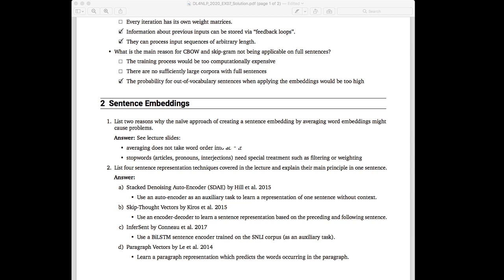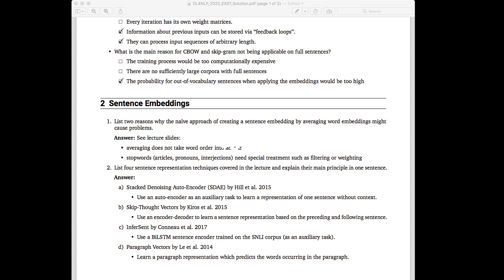The second is that stop words need special treatment, because if we don't do any special treatment, the averaging operation will assume all the words have the same importance to the semantics of the sentence, right? But this is not correct, because there are many articles, pronouns, and interjections which do not contribute a lot to the meaning of the sentence, right? So sometimes we will downplay the weights of them.